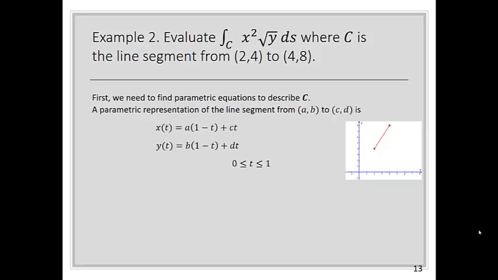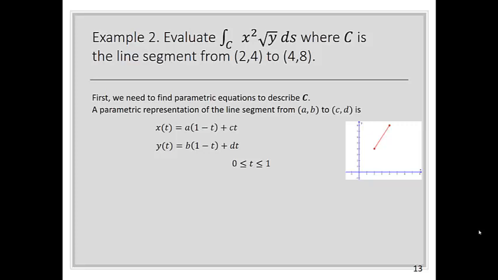So if we want a parametric representation of a line segment from the point (a, b) to the point (c, d), what we can do is let x of t be a times (1 minus t) plus c t, and y of t be b times (1 minus t) plus d t. And so you can plug in t equals 0, and that'll show you that we start at the point (a, b).